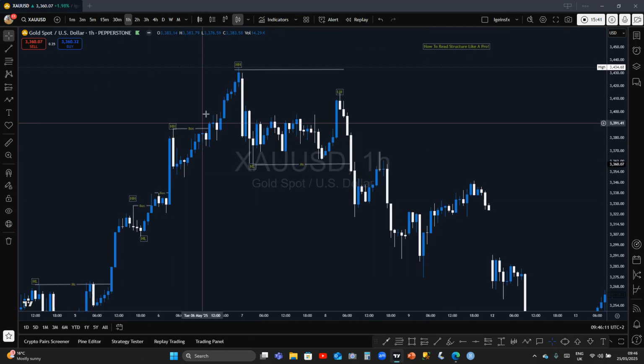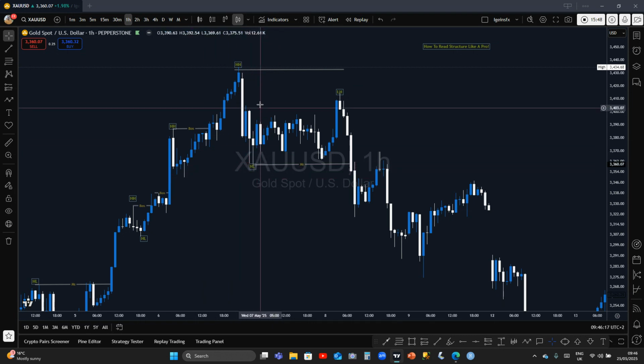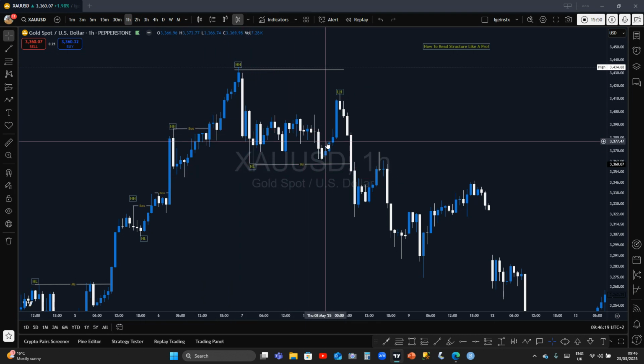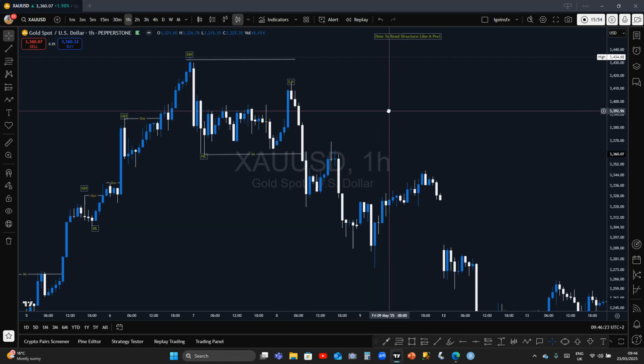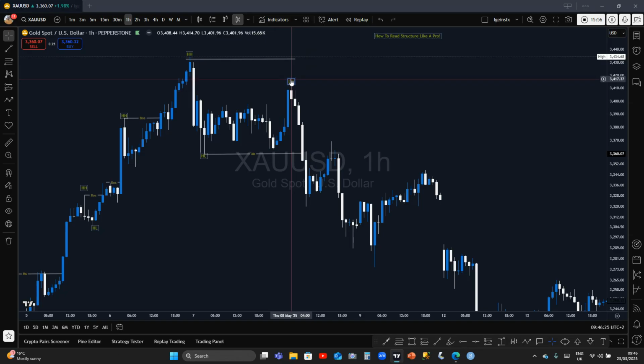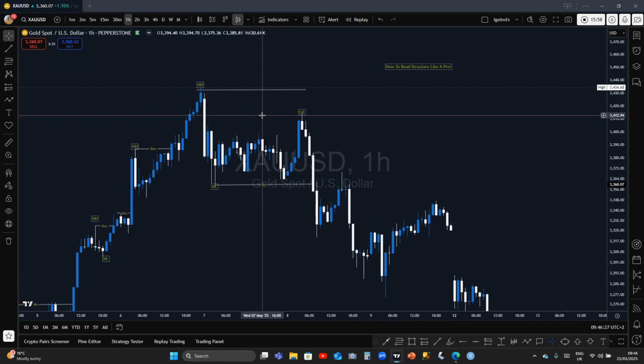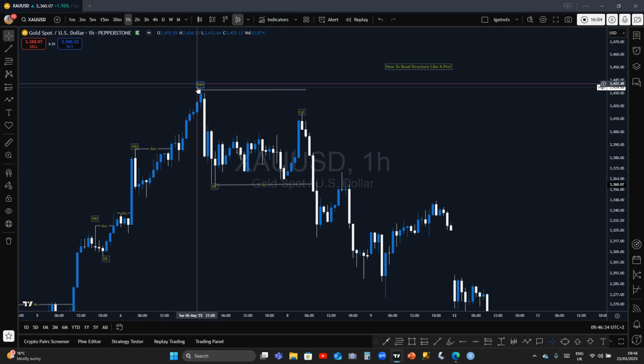Price action has been going up, bullish. He created this higher low. This is the last low. Then this is a consolidation. After this consolidation, he gave us a lower high. By order flow, that simply means, now that he has created a high, he pulled back and created a higher low, a support level.